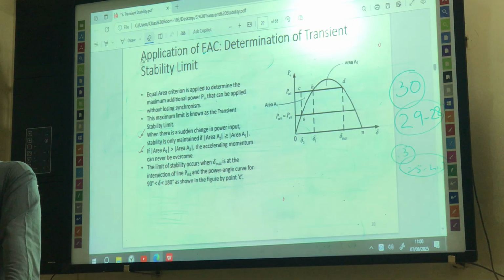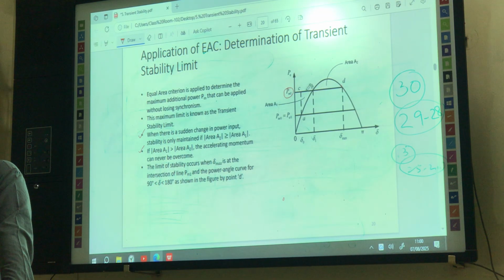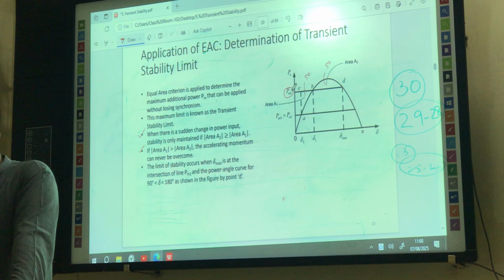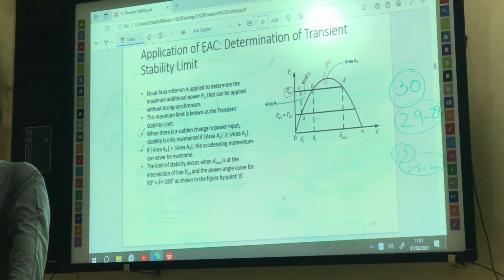What is our limit? Limit is this part, right? This is the maximum increment that we can take. Because let's say here this is 50 unit and this is 50 unit. So this is the boundary condition, right? If we go beyond this, then we will see that the system will go to the master velocity.